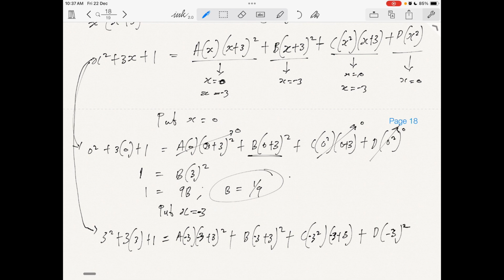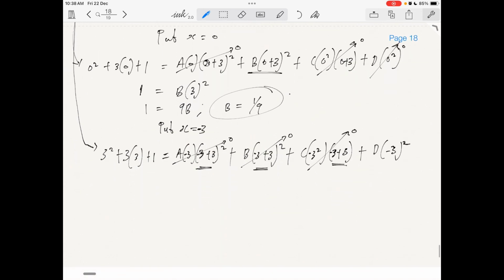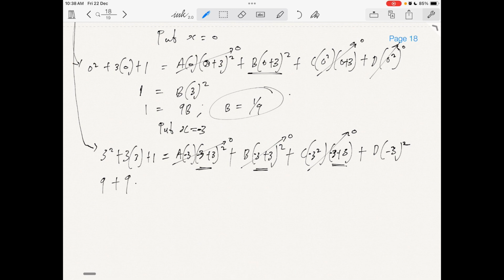Now we see minus 3 plus 3 returns 0, minus 3 plus 3 returns 0, minus 3 plus 3 returns 0. So this will equate to 0. So we are left with 3 squared is 9, 3 times 3 is 9, plus 1 is equal to, now we are left with this, right? So that means d into minus 3 squared is also 9.